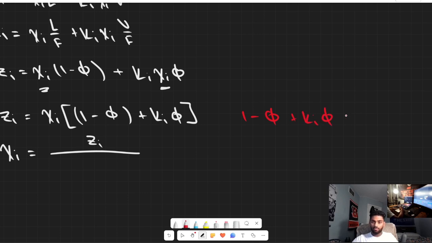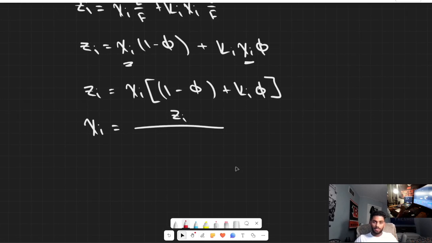If I take this phi term out, I get 1 minus phi, and then 1 minus 1 plus ki, right? Actually, you know what? I don't want to mess that up too much. I think this is a good enough way to put this. So I'm just going to write 1 minus phi plus ki phi.